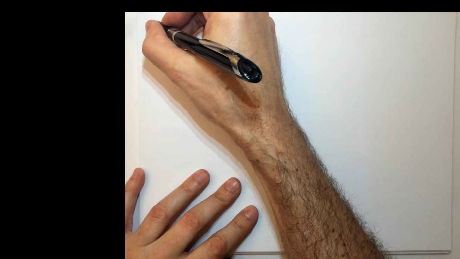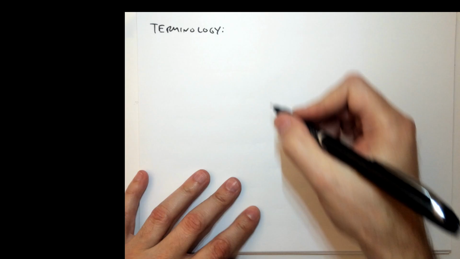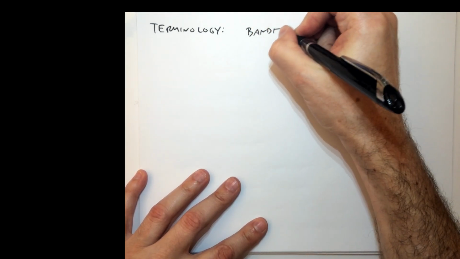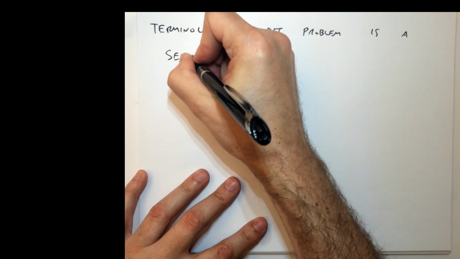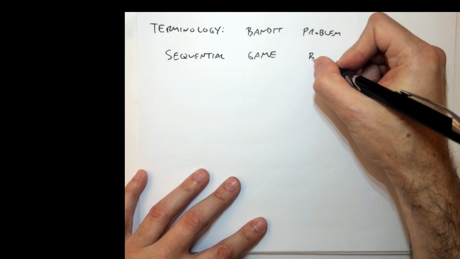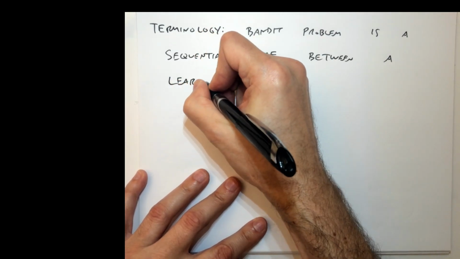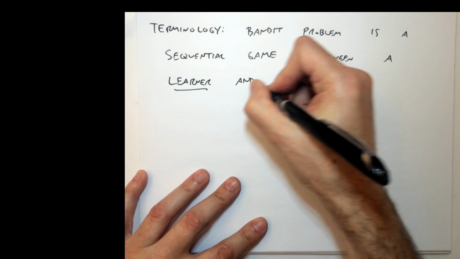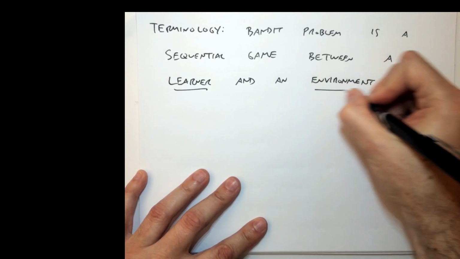And so let's talk about some basic terminology in bandits, right? So let's set up the problem a little more mathematically. So, terminology for bandits. A bandit problem is a sequential game between a learner, that's you, and an environment, which is the hostile world you live in.